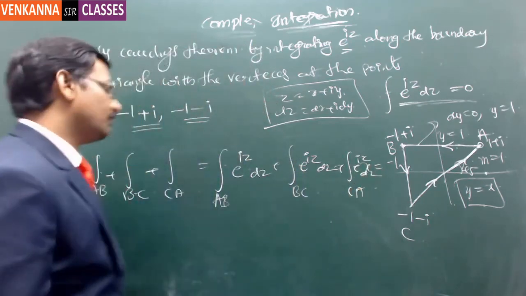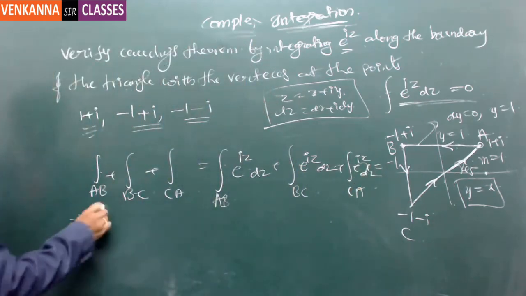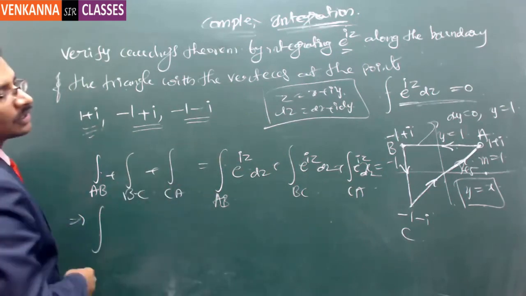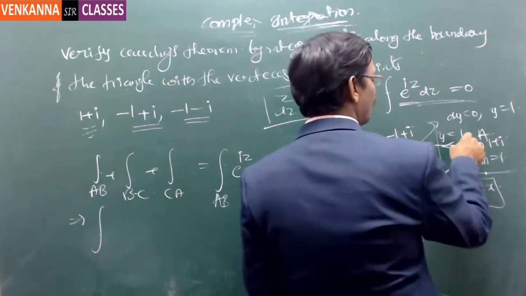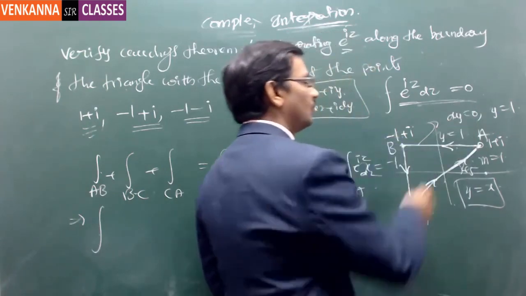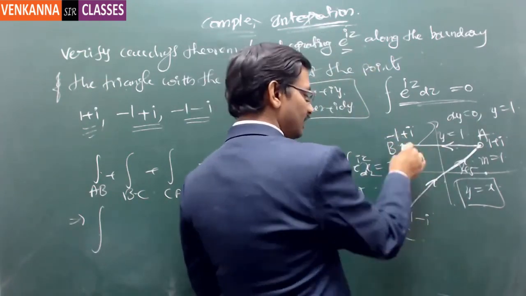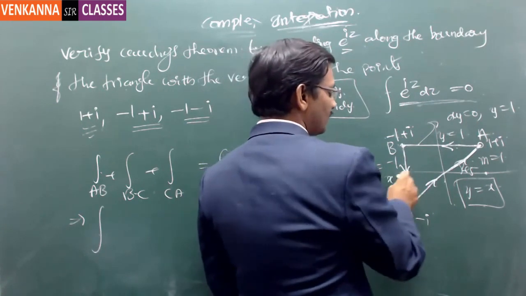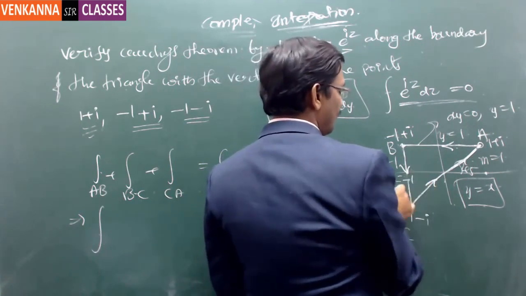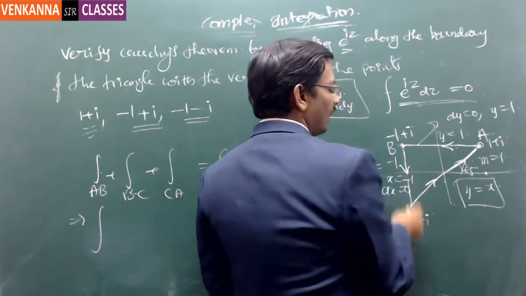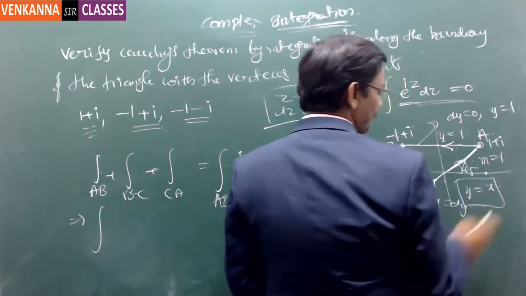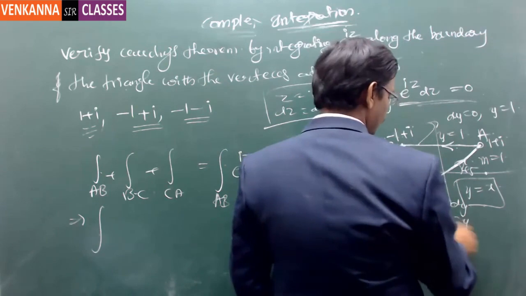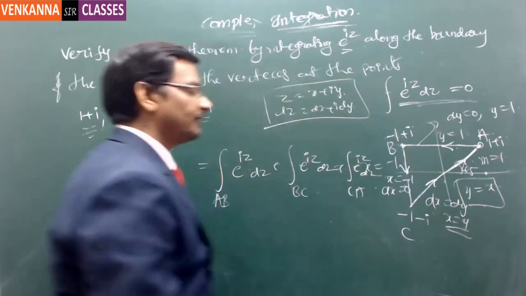Now this integral value, if you expand it over AB, put y is equal to 1 and dy is equal to 0 along this line. On this line, x is equal to -1 and dx equal to 0. On this line, dx is equal to dy and x is equal to y.